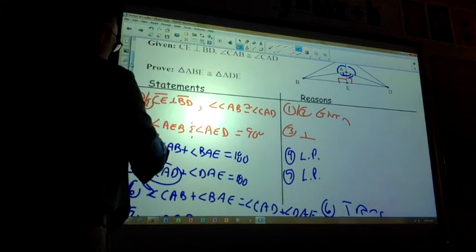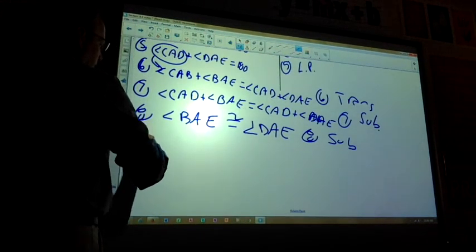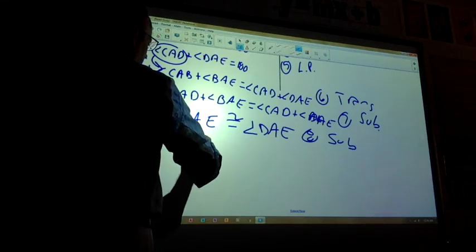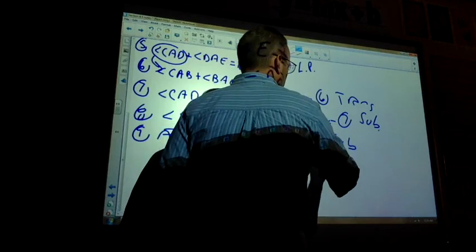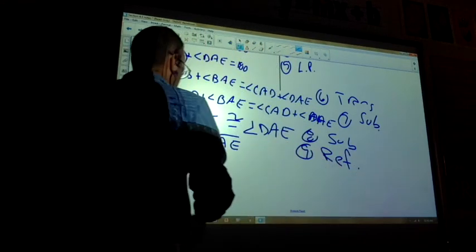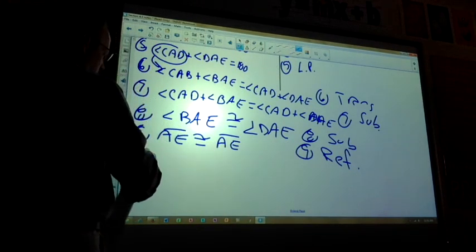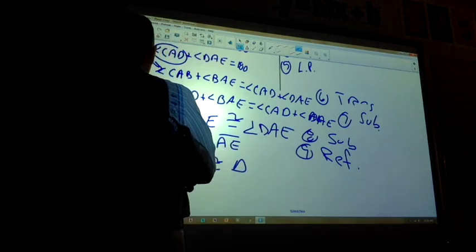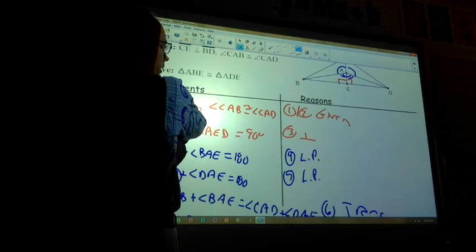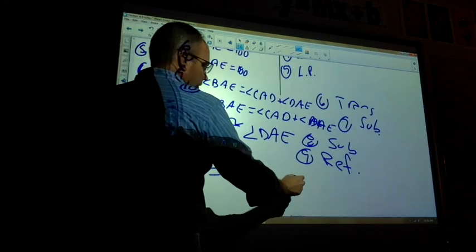Then we can do our favorite, AE. This one got nasty. I'm sorry about that. And then 10, we can prove the triangles are congruent because angle side angle.